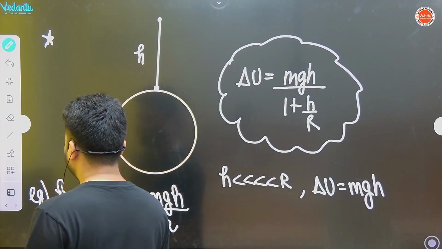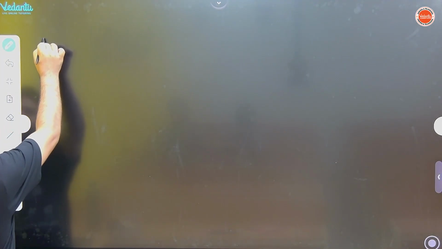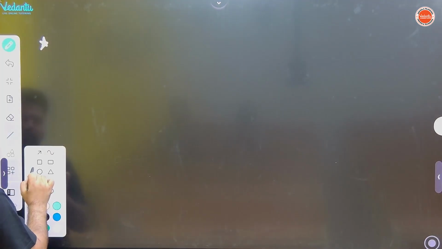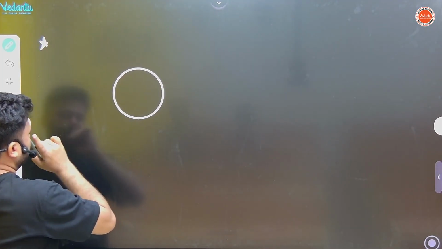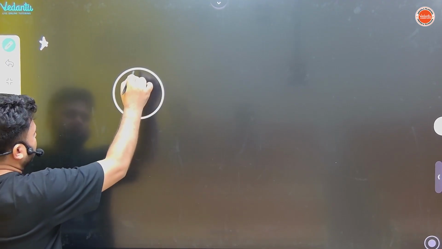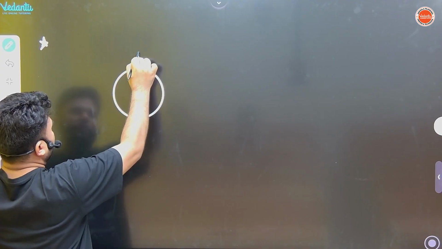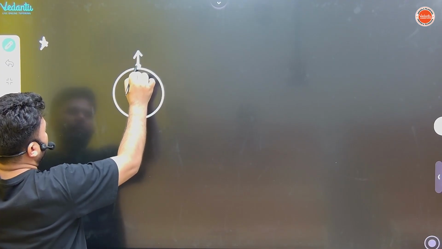Okay. Next we have, suppose this is Earth. With what speed we should project this object? Suppose there is a ball.